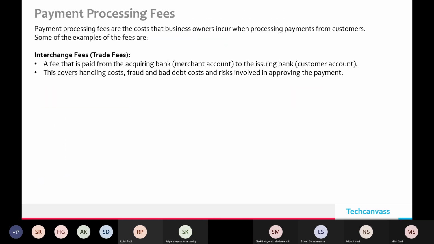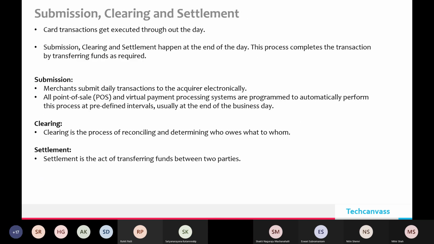So we're talking about submission. Submission is the time when the merchant submits daily transactions to the acquirer electronically.